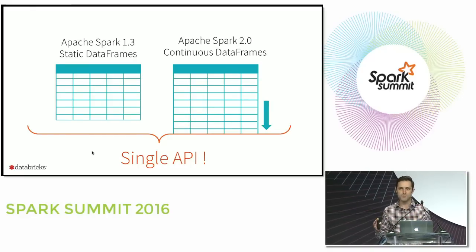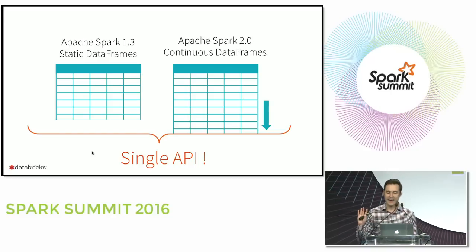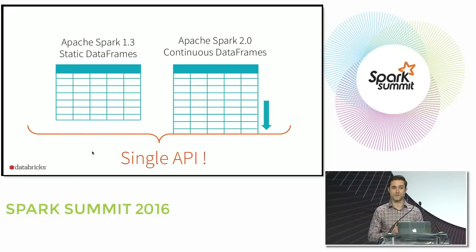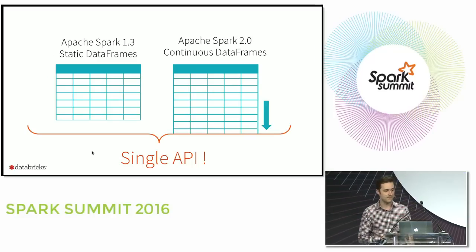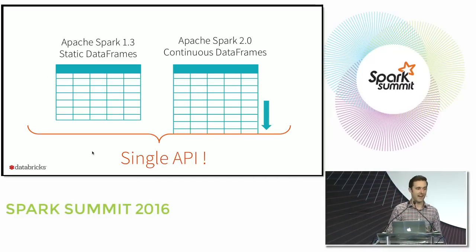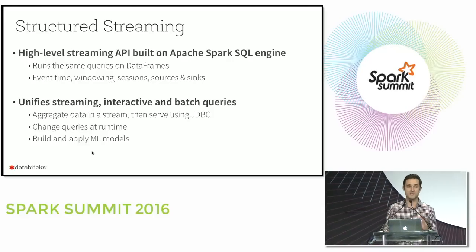And so you end up with an API that looks very similar to what you had before. You had DataFrames in Spark 1.3, and in Spark 2.0 you have continuous DataFrames, which are just DataFrames where data continues to arrive over time, and we process it incrementally as it gets there. And this is one single unified API. So the high-level goal is that we want to be able to run most of the same queries.